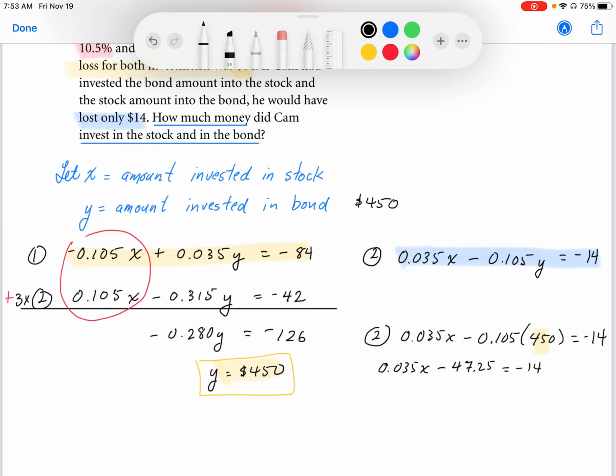I'm going to add 47.25 to both sides, and I end up with $33.25. So 0.035x is equal to $33.25.